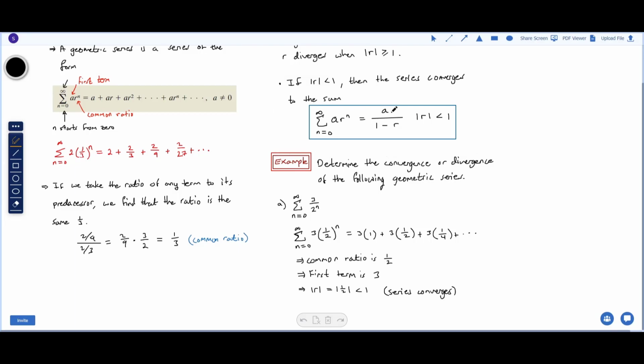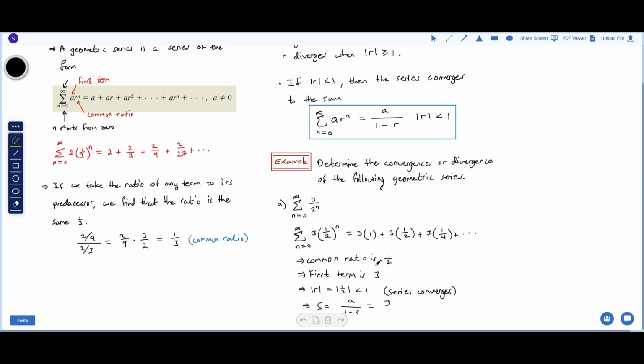So we know it converges, and we know that the sum is equal to a over 1 minus r. Our a is 3.